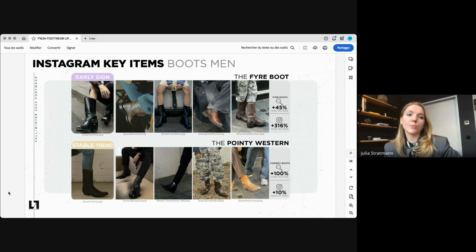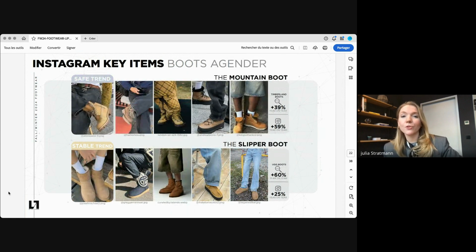And when we look at these gender-neutral boots on the next slide, we can see that for both genders, Instagram is showcasing a lot of these classic mountain boots that manage to retain their relevance because they're usually featured in upgraded fashion collaborations, or just really reflect the ongoing demand for performance boots that are aligning with the quest for the outdoors and the interest in outdoor activities like hiking, etc. And simultaneously, obviously, we've got this slipper kind of snow boot that is manifesting as a big and stable trend, blending comfort and minimal aesthetics with a sense of familiarity, and really reflecting a practical yet fashionable choice for a wide range of consumers.